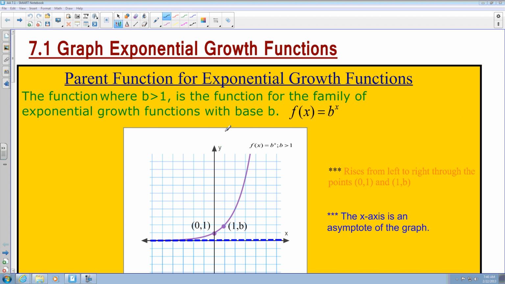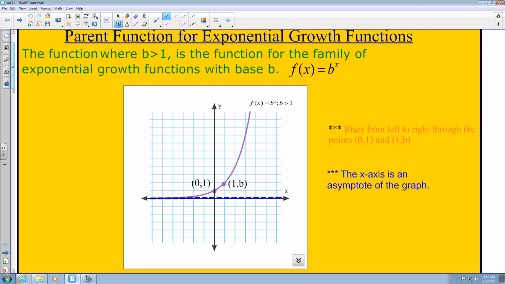Things to keep in mind is that it rises from left to right through points (0, a) and (1, ab), and the asymptote is the x-axis. Asymptotes are a value that you're going to get really, really close to but never reach.